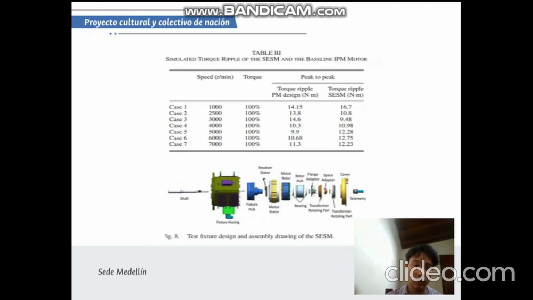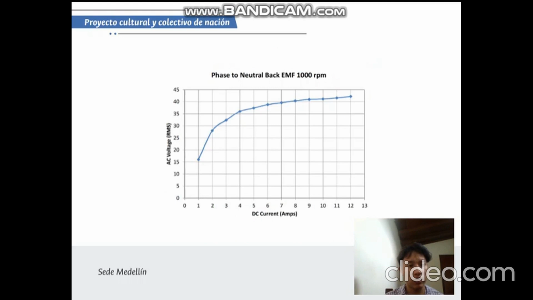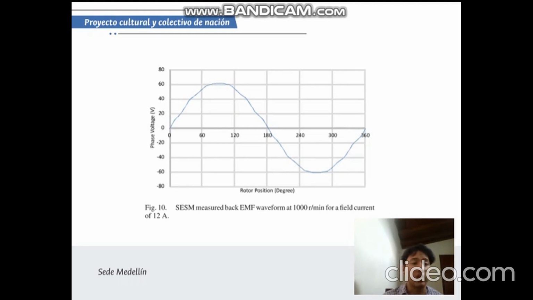The design engine figure shows the test apparatus and mounting drive. Figure 9 shows the measurement of the back EMF of the engine as a function of the field current. The saturation of the core with the current is visible in the graph. The reduced EMF wave for a field current is shown in figure 10.